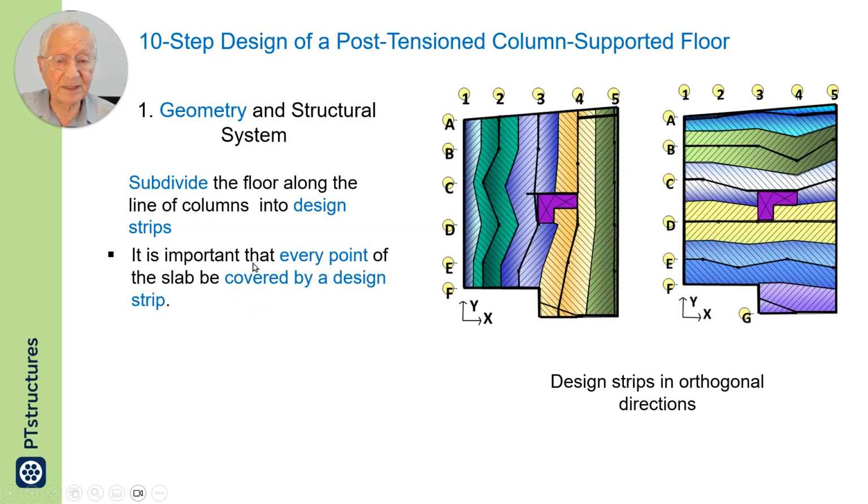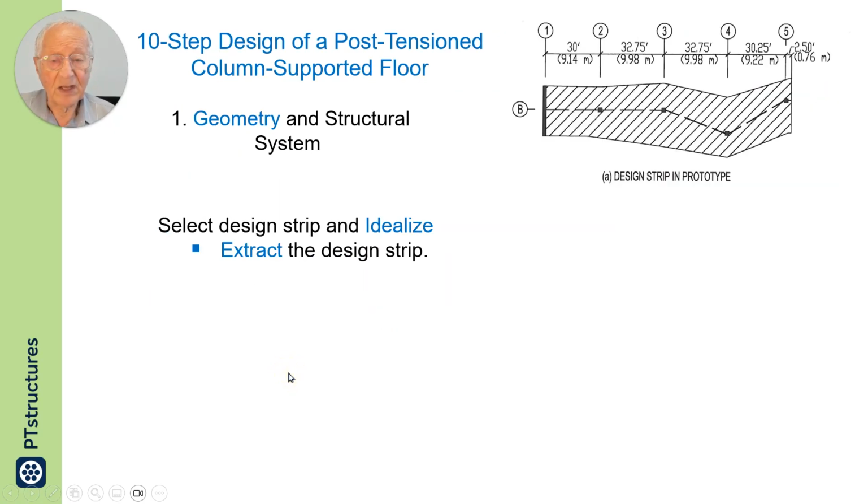It is important that every point of the slab be covered by a design strip. These hatched areas become our design strips, and every portion of the slab should be covered by a given design strip. No portion of the slab should be left unassigned.